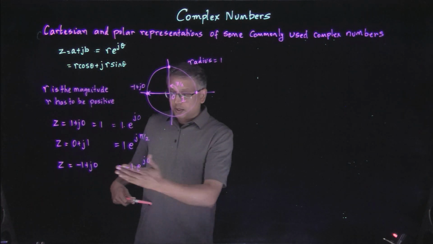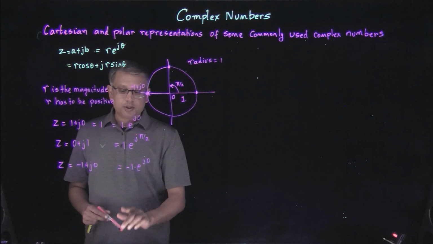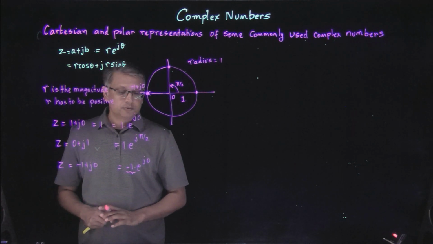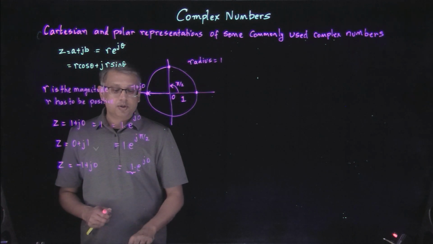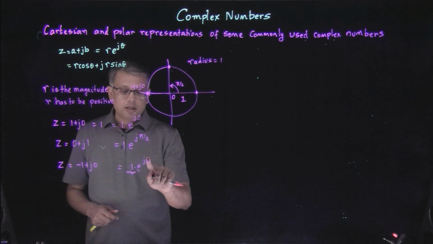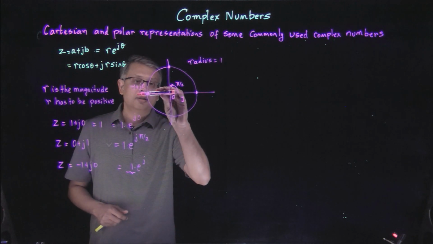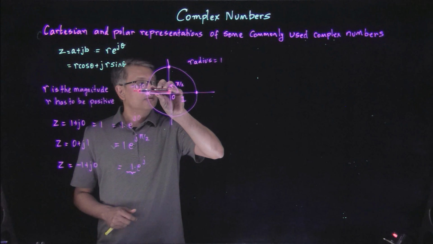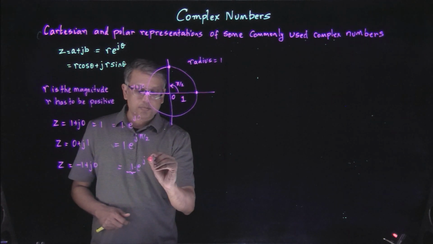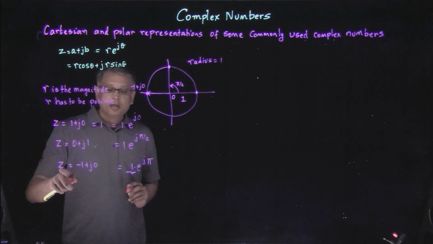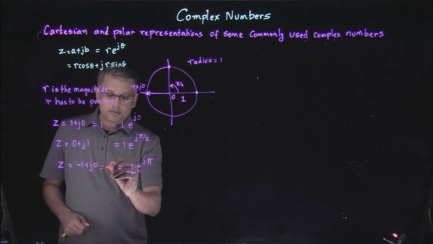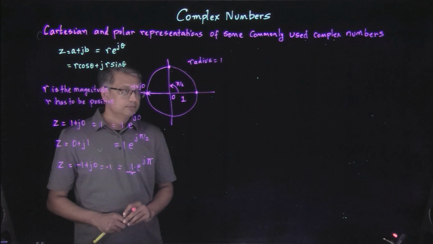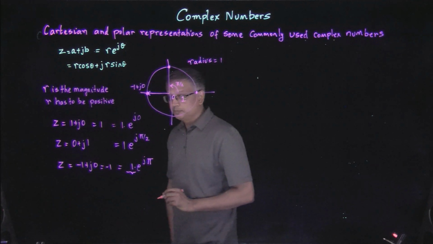Now, it's accurate that this is true, but this is not the polar representation for z because we want the magnitude to be positive. So what you want to do is to write it as 1 times e to the j times the angle that this vector makes with the positive x-axis. Well, that makes an angle of 180 degrees or pi radians, right? So negative 1 is the same as e to the j pi. All right, keep that in mind.